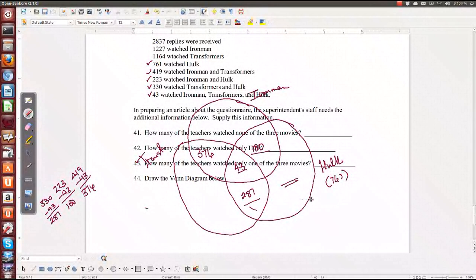But I know that I've already got these three pieces here adding up to 510. So if I take 510 and take that away from the 761, I end up with this number of how many just watched the Hulk, which is 251.